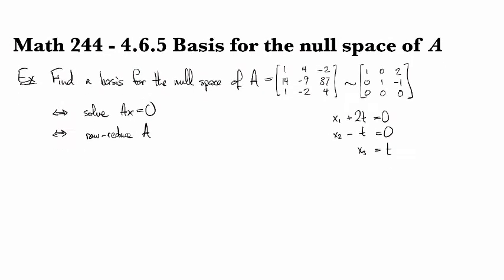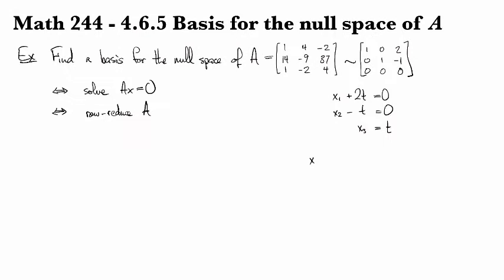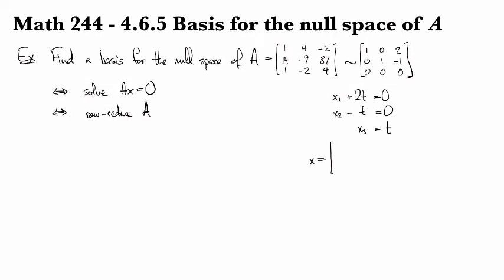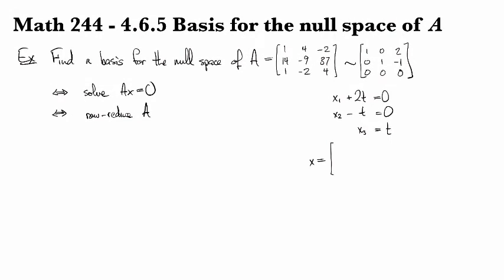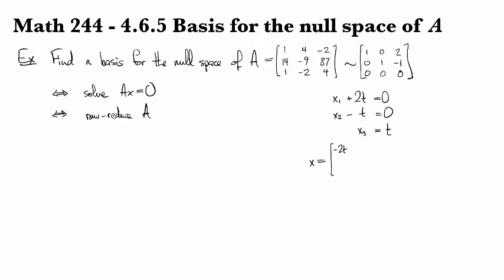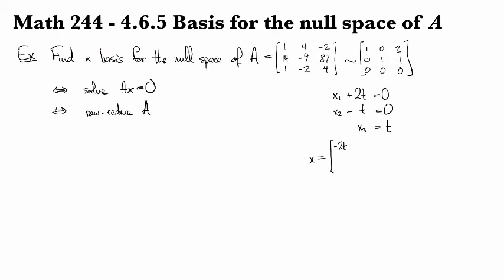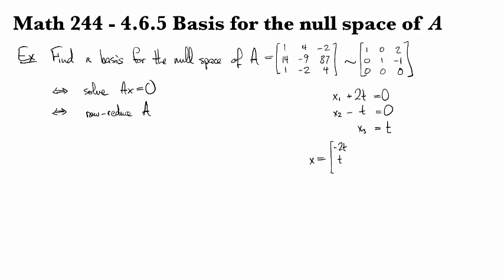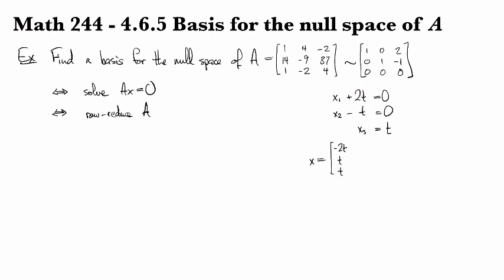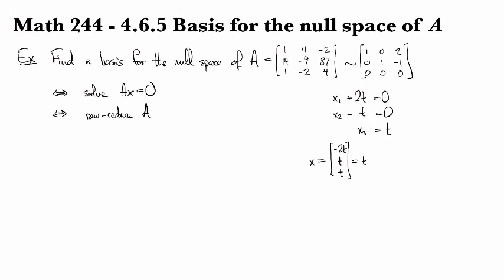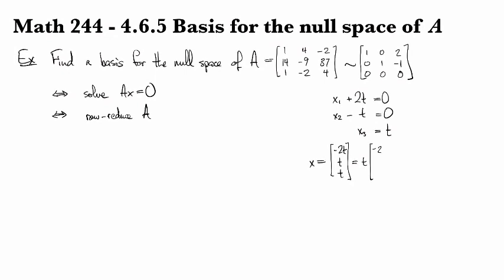So x is going to be, let's see, the first coordinate is going to be minus 2t, the second coordinate is going to be t, and the third coordinate is going to be t. So we have t times negative 2, 1, 1.